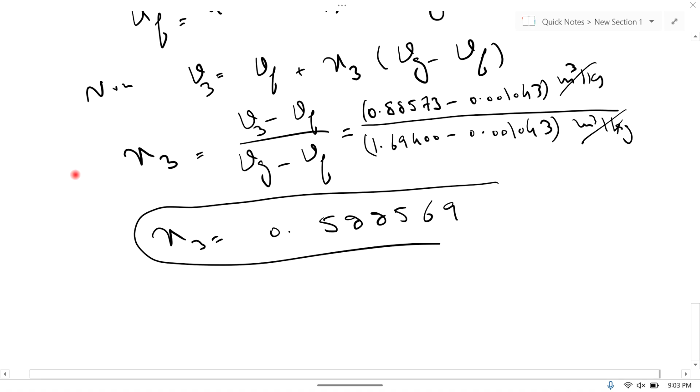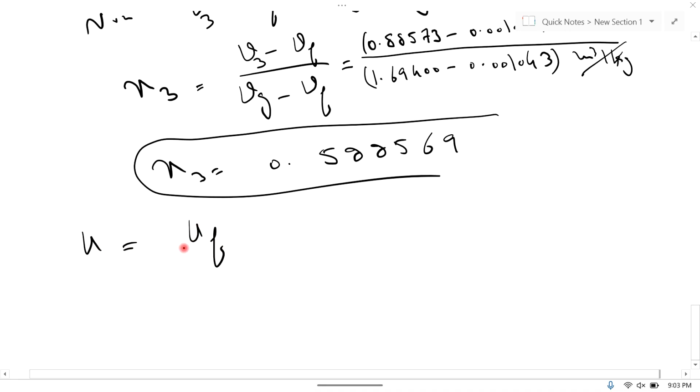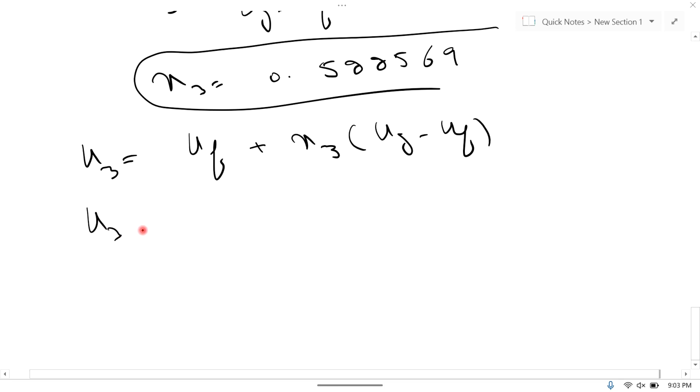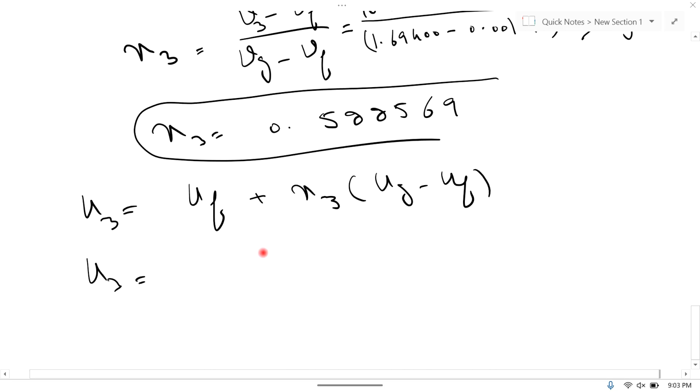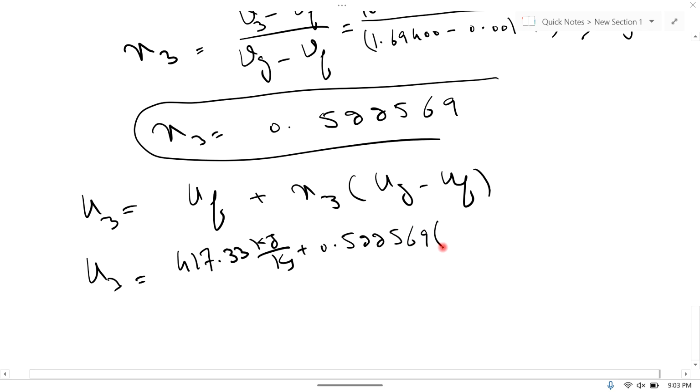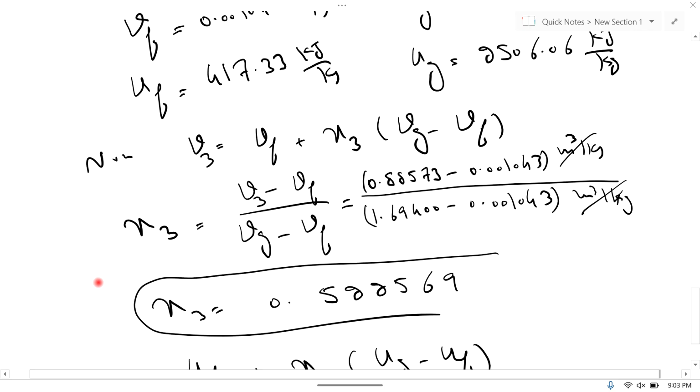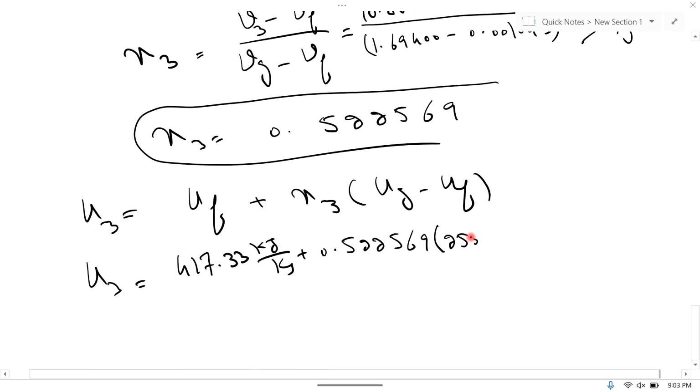Now we know that U3 is equal to Uf plus x3 times Ug minus Uf. So U3 is equal to 417.33 kilojoule per kg plus 0.522569 times Ug minus Uf, where Ug is 2506.06 minus 417.33 kilojoule per kg.